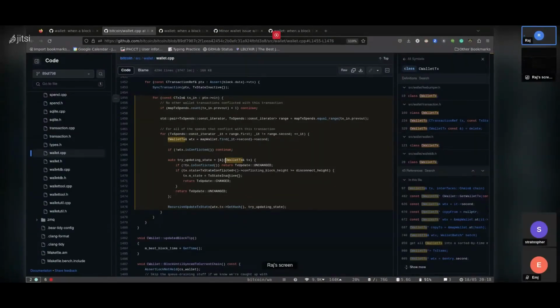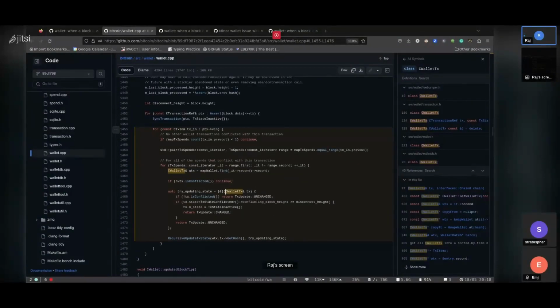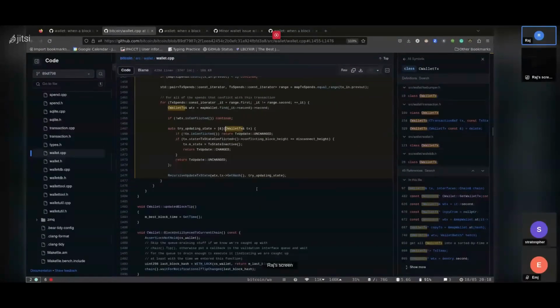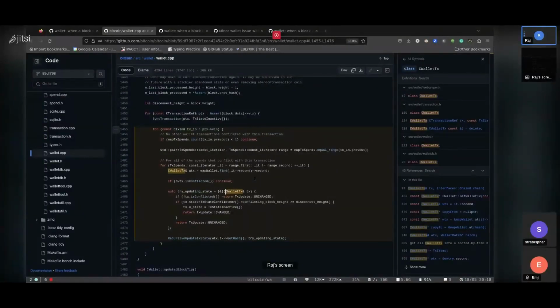If it was, then the previous transaction state becomes inactive, and the wallet can choose to rebroadcast it again. This was a very narrow edge case where a conflict happened with an orphaned block and the behavior wasn't consistent when that block got reorged out. There's a very small chance of this happening, but it still can happen.